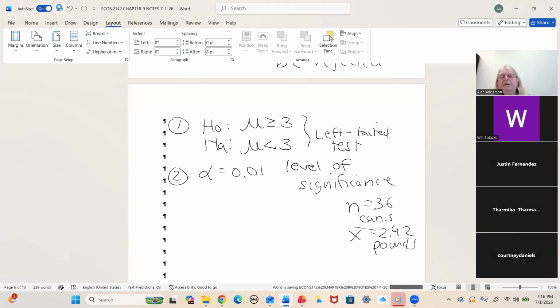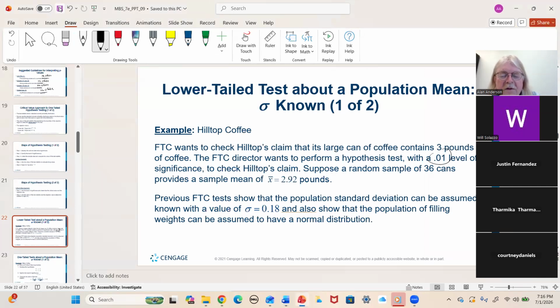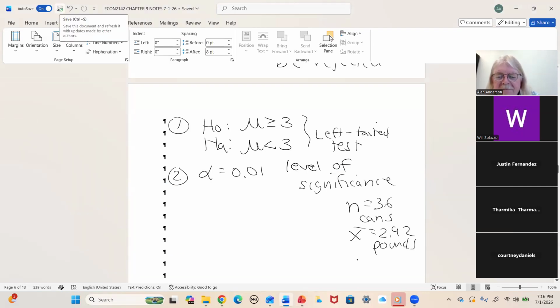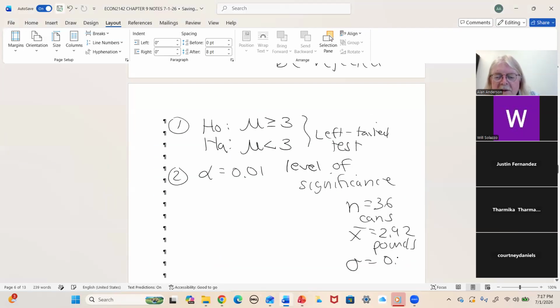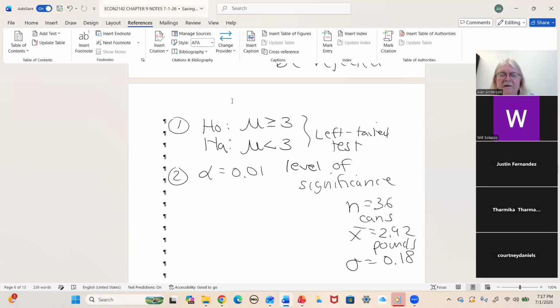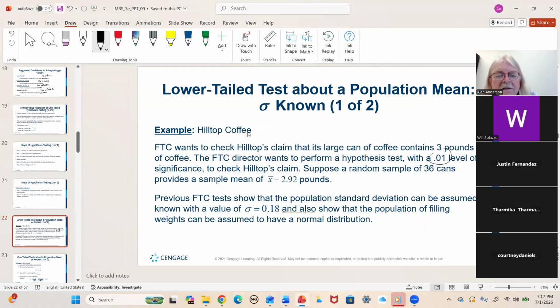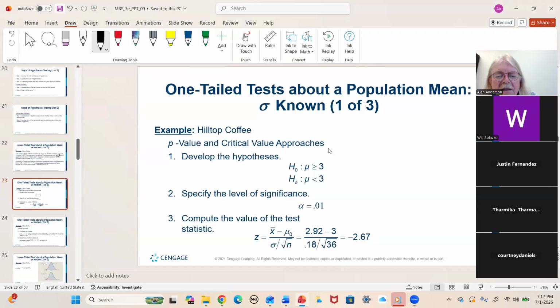So what do we do now? They also are giving us a standard deviation. Population standard deviation. You can tell because we're using a Greek letter there. So this is what we have.